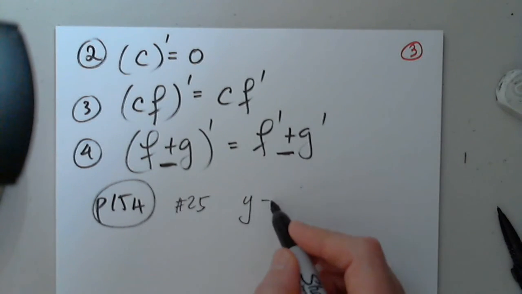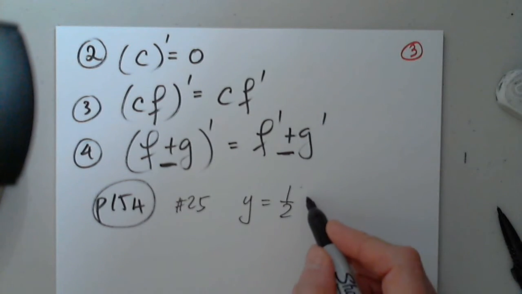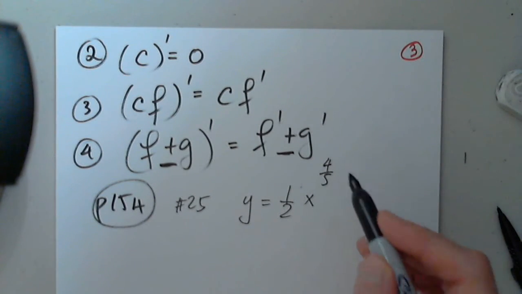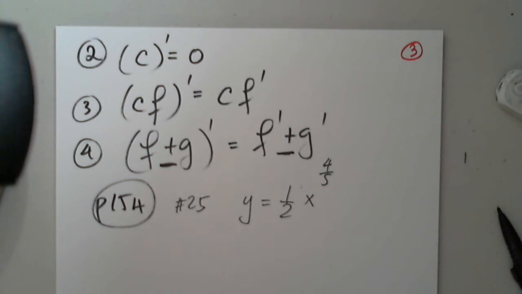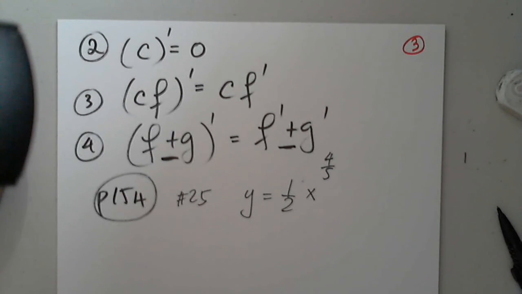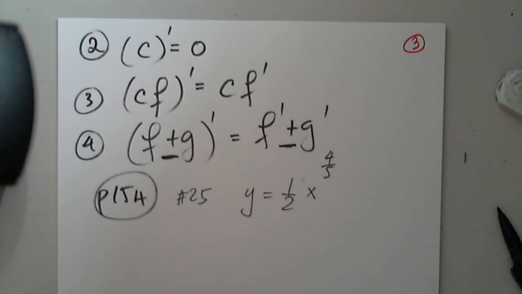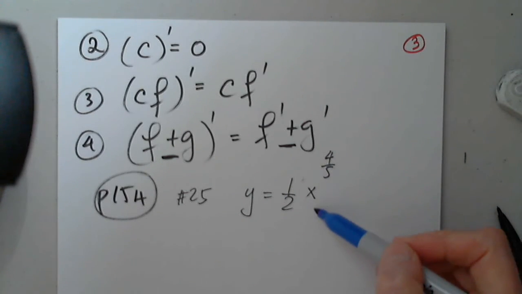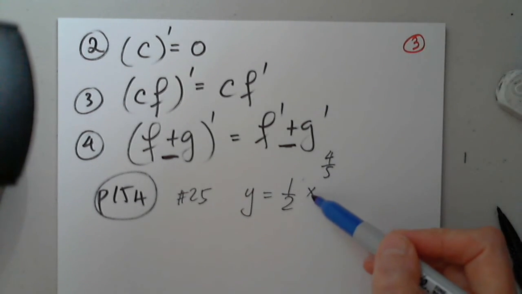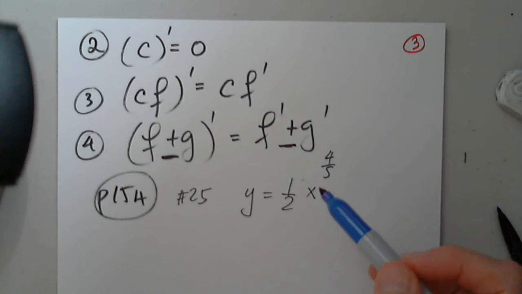And we have y equals 1/2 x raised to 4/5. There are not too many nice problems in this book, to be honest. So this is a constant times a function, right? 1/2 times x to 4/5.